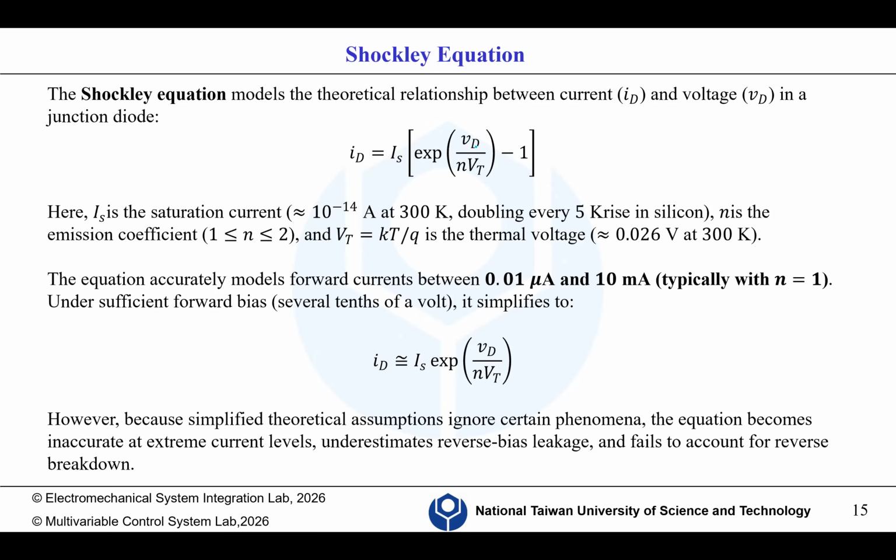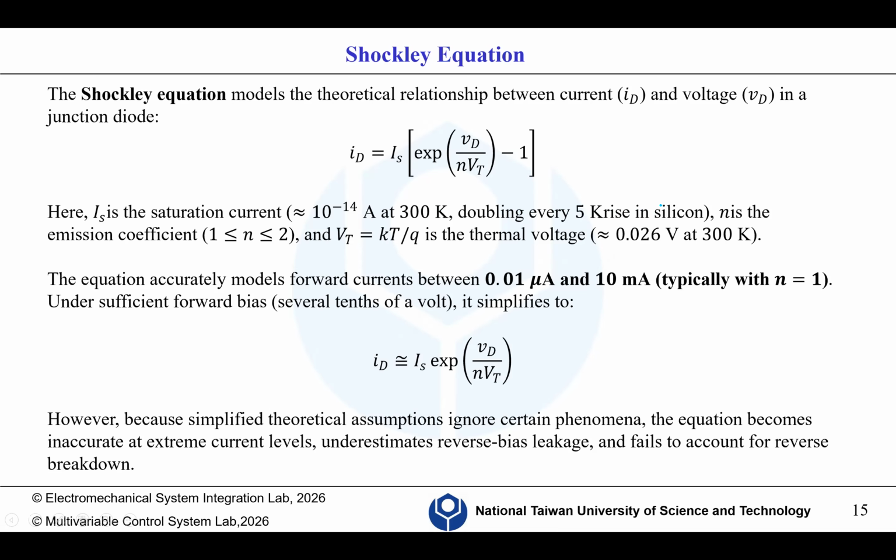VD is the voltage across the diode, ID is the current across the diode, and IS is the saturation current, which is about 10 to the power of minus 14 ampere at room temperature. It doubles every 5 K rise in silicon.